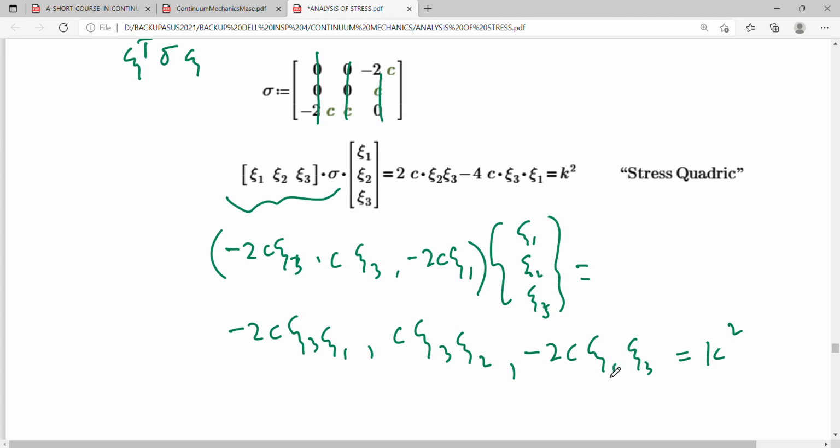So you can interchange this, and this is c cassis of 3, cassis of 2, or cassis of 2, cassis of 3. So the 2 here is actually one. So there's an error here, I think.